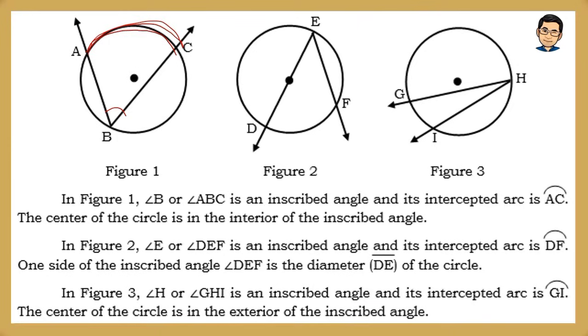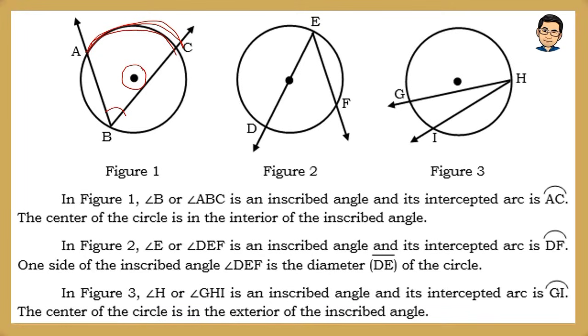The center of the circle is in the interior of the inscribed angle. So, in our first figure, the inscribed angle contains the center, the one in the middle. That is figure 1.